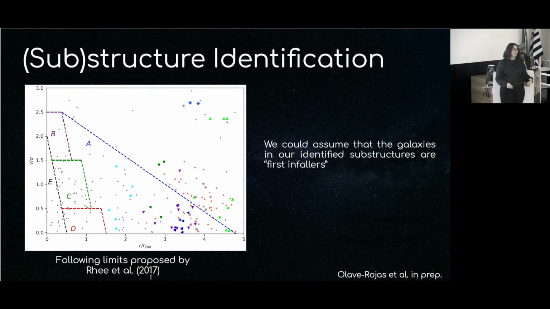In this way, I can say that the galaxies in the identified substructure using the clustering algorithms are galaxies that are for the first time in the cluster environment. And in this way, I can study the relation between galaxy groups that form galaxy clusters and compare with the properties of galaxies in the clusters.